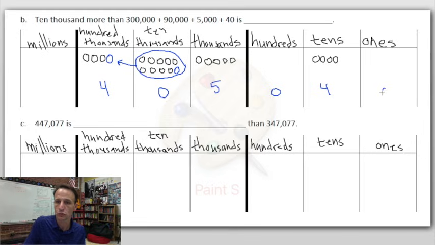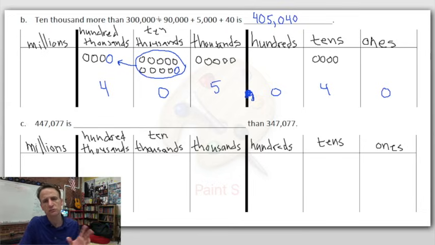Still have no ones. 0 ones. And this dark line here is where my comma will go when I write it in standard form per the instructions. So that would give me an answer of 405,040.